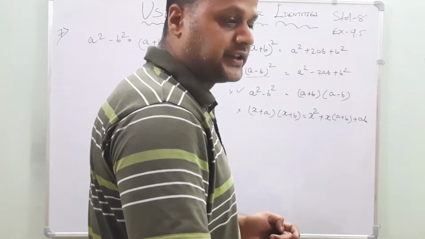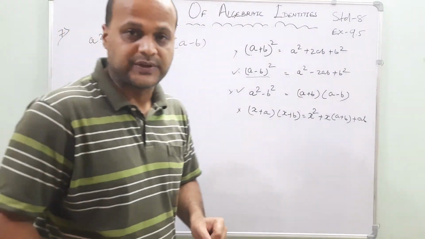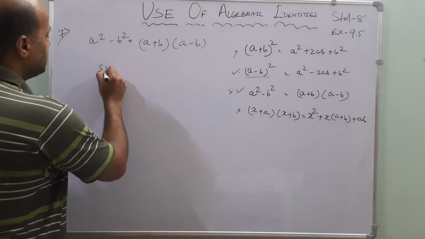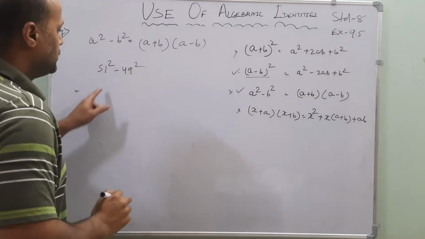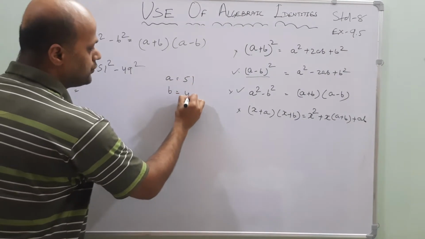It is saying that using a square minus b square is equal to a plus b into a minus b. Let's go for it. What is the question given? It is given 51 square minus 49 square. Here, which one is A? A is 51, B is equal to 49.